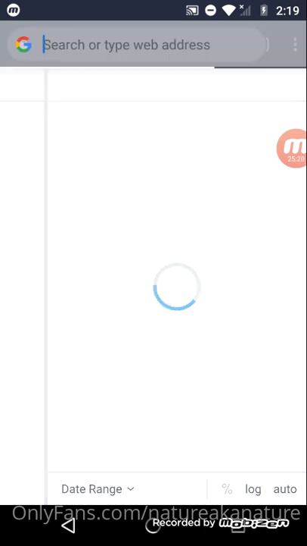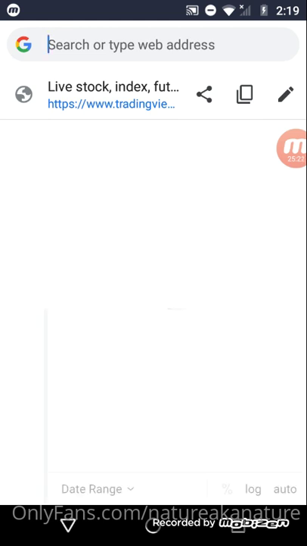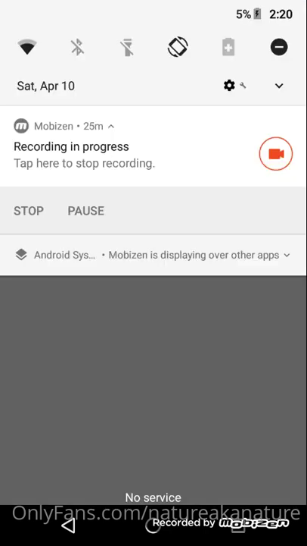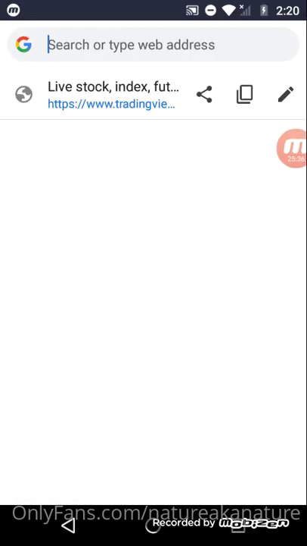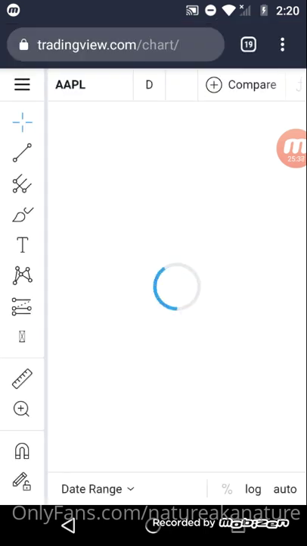I'm gonna look up ideas like gold, and you get ideas from other people on TradingView about the trades that are going on, for the next day or right now. There are so many things to show y'all. You can just search and type in what you want, and it'll come up for that chart.